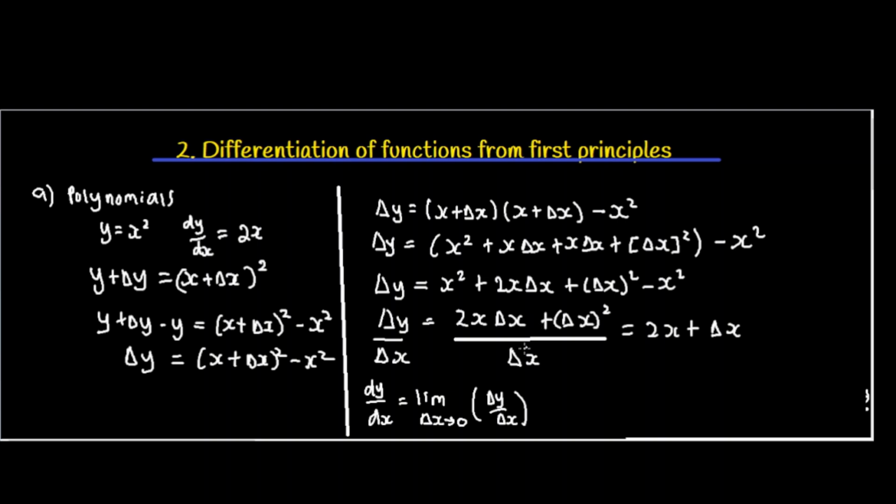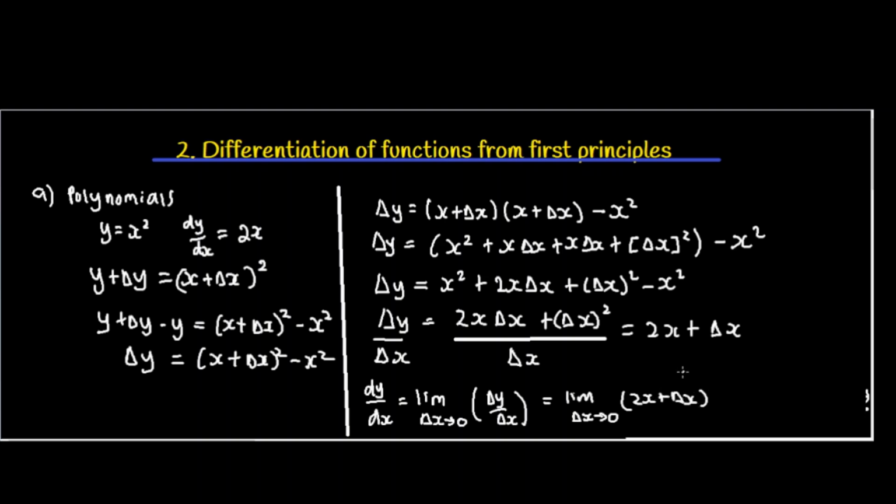We substitute change in y over change in x with this expression here, because it is the expression for change in y over change in x. So dy dx is the limit as change in x approaches 0 of 2x plus change in x.